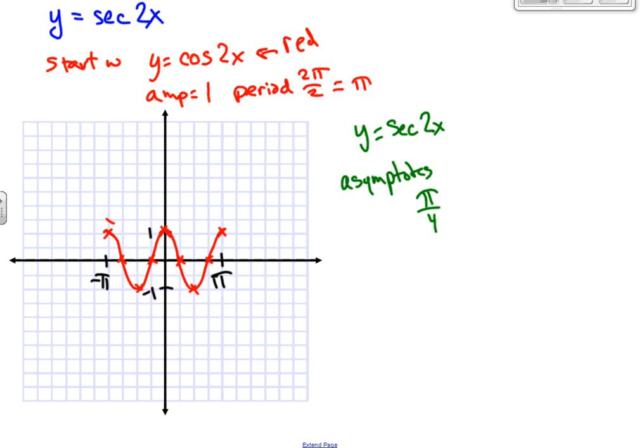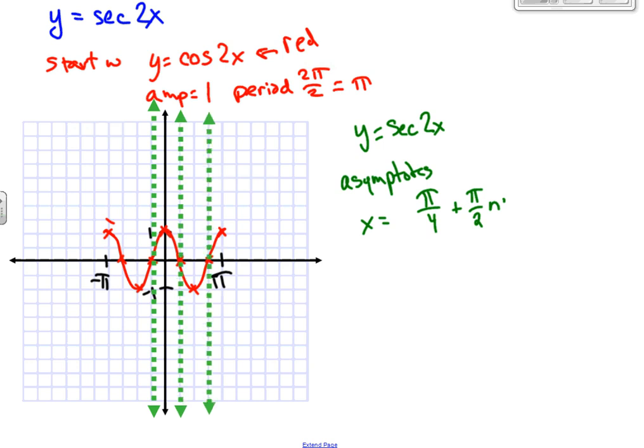So the first asymptote is at pi over 4, and then how far do I go to get to the next one? Pi over 2, because this is pi, so it's plus pi over 2 times n, as we find different asymptotes x equals. So then I'll just draw those asymptotes in. I have lots of them to draw.